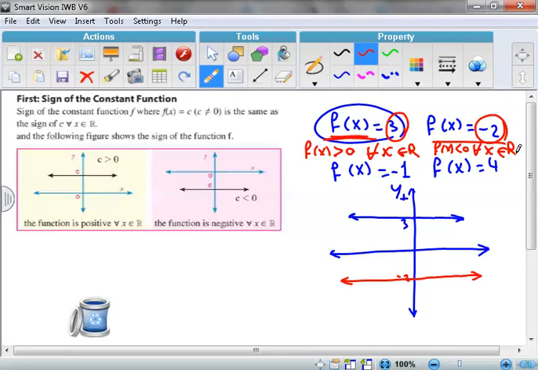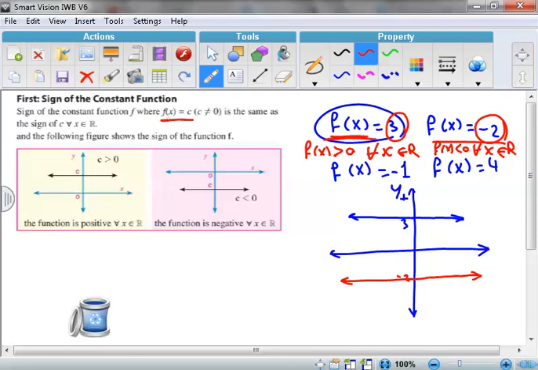If we say f of x equals negative 1, without graphing the function, what is the sign of the function? f of x is less than 0 for all x belonging to R. And f of x equals 4: the function is greater than 0 for all x belonging to R. Then f of x equals c, a constant number.